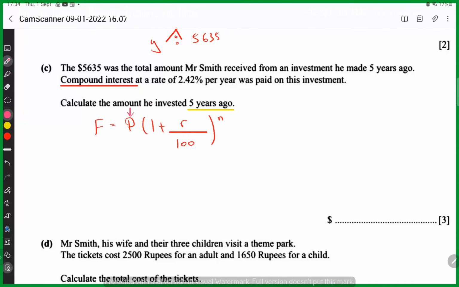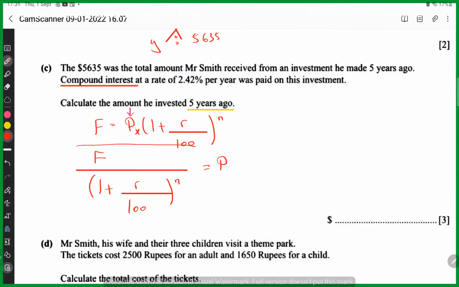So I'll do F divided by... Now I know that this P is being multiplied with this entire thing, so I'll take this entire thing to the left side, and this would become F divided by (1 plus R divided by 100) to the power N equals P. Now I have my formula that I would be using in order to find the answer.